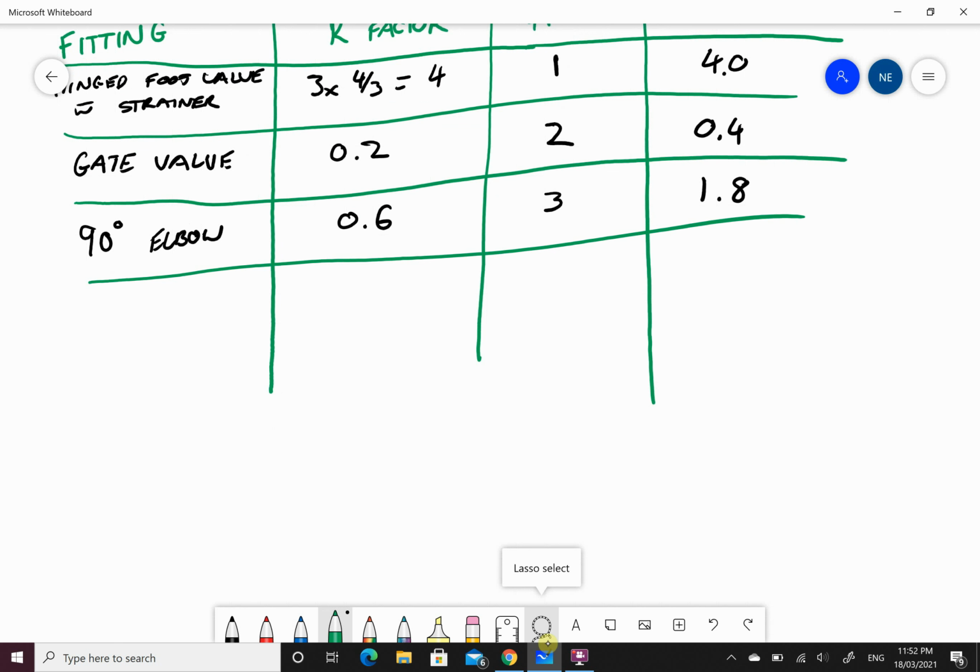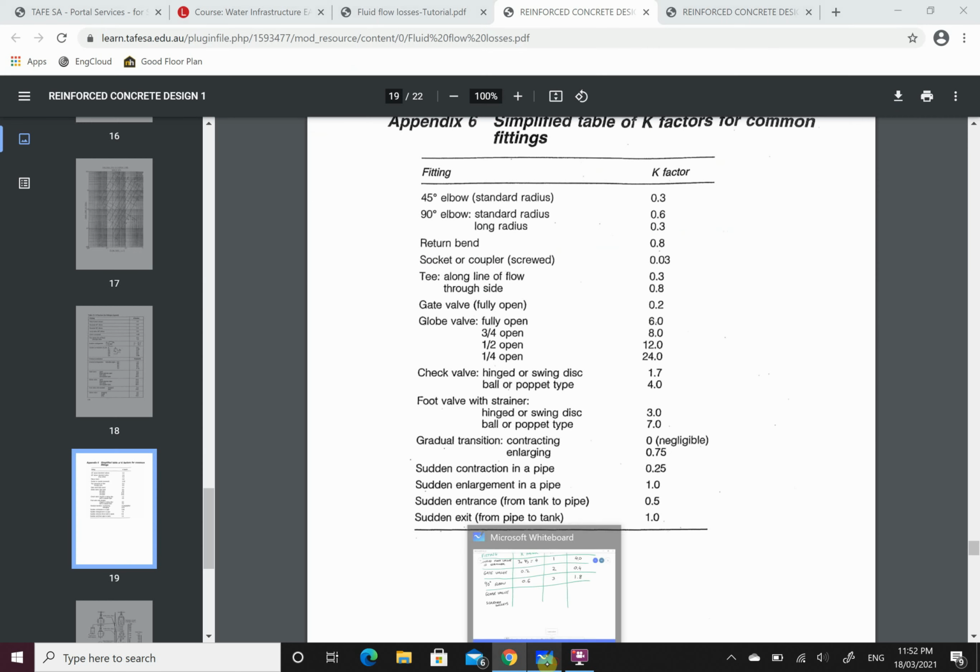Alright, and now I'll speed up. So I have my globe valve, I have some screwed sockets, and I have a sudden exit.